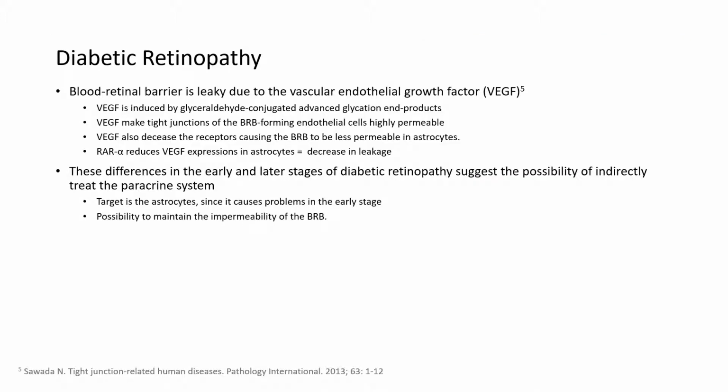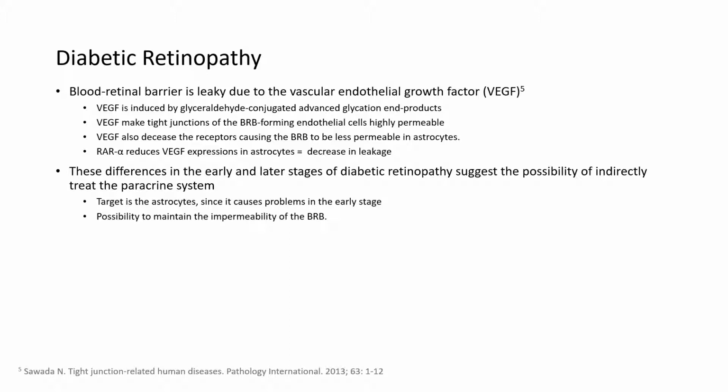One disease that I found related to the malfunction of tight junctions is diabetic retinopathy, which is basically leakage of your blood-retinal barrier, and this is most often due to vascular endothelial growth factors that are induced by glyceraldehyde conjugated advanced glycation end products.